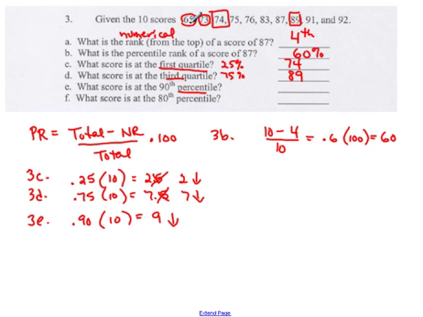So count 1, 2, 3, 4, 5, 6, 7, 8, 9. It would be the score of 92. And for F, same thing. 80th percentile, convert that to a decimal, 0.80 times 10 is 8 scores below. Count 1, 2, 3, 4, 5, 6, 7, 8. It's the next value, 91.